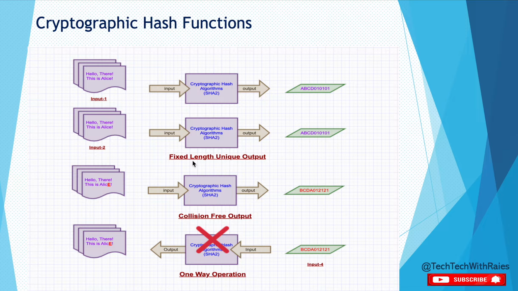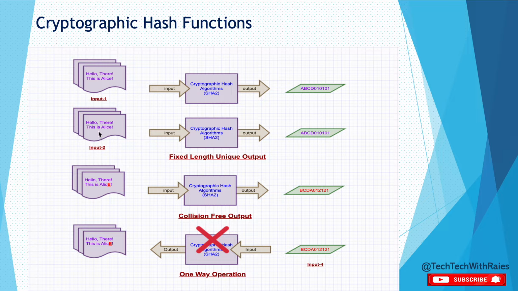This is one very good property: fixed length, unique output. Another thing is that a good hash function should always be collision free, which means no two different inputs should provide the same output.